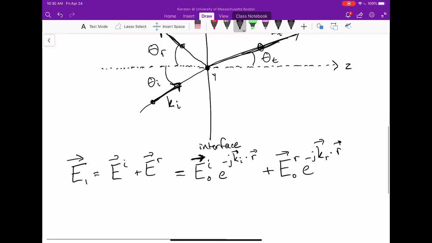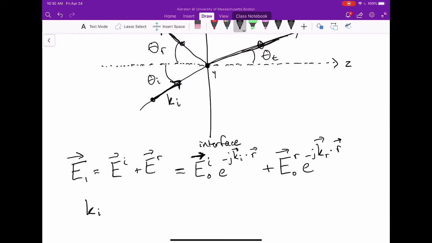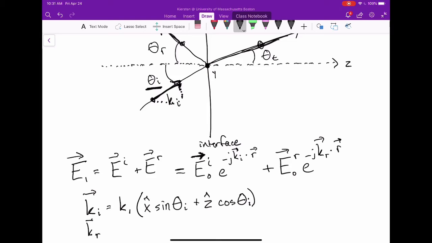Now, what are the vector components of these wave vectors? Ki is equal to k1 times some directions that are determined by theta I. So it's going to have a z component and an x component. The x component is going to be x hat sine theta I, and the z component is going to be z hat cosine theta I. Kr is going to have the same magnitude because it's still in medium 1, so it's got k1.